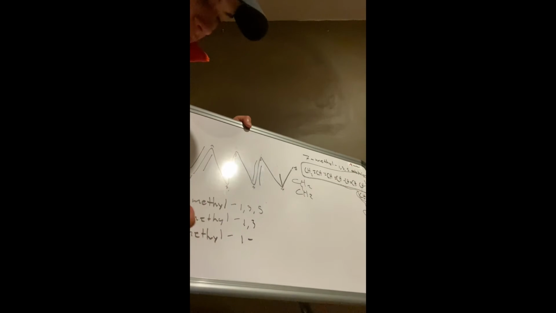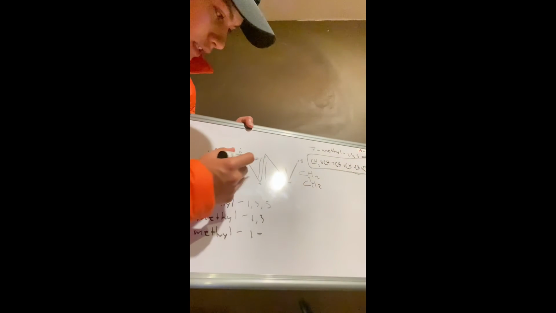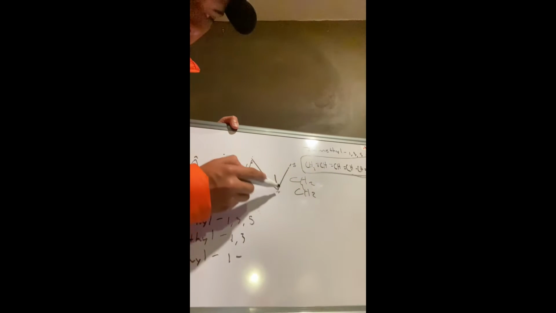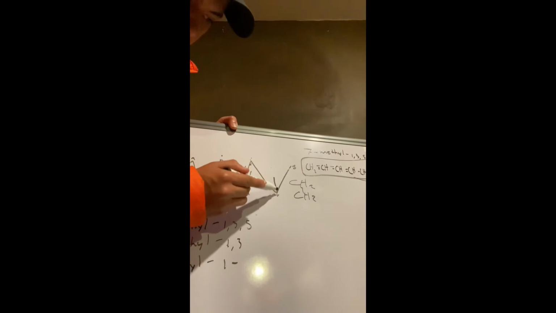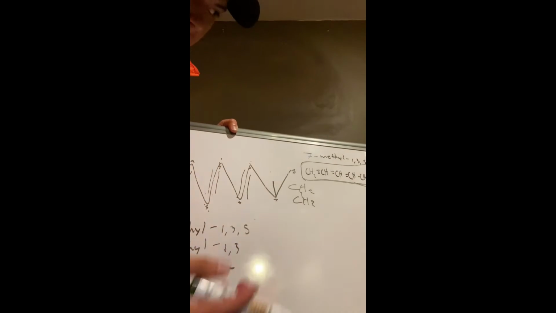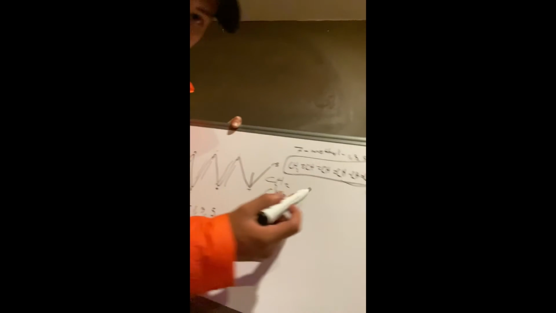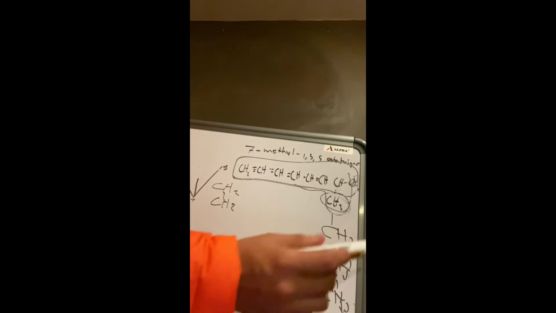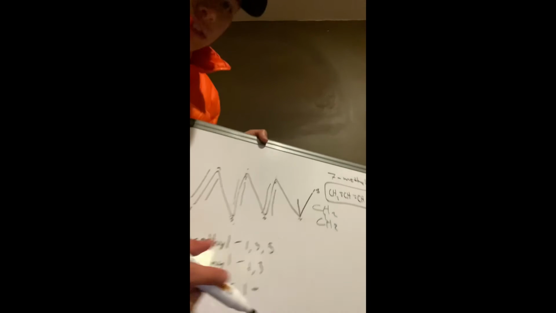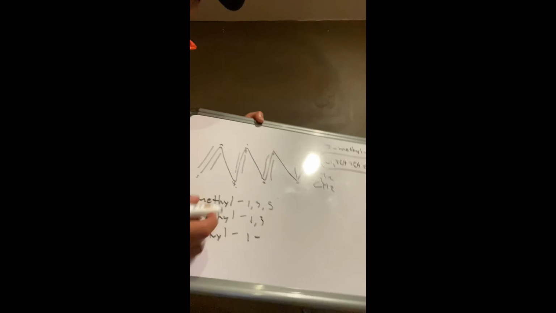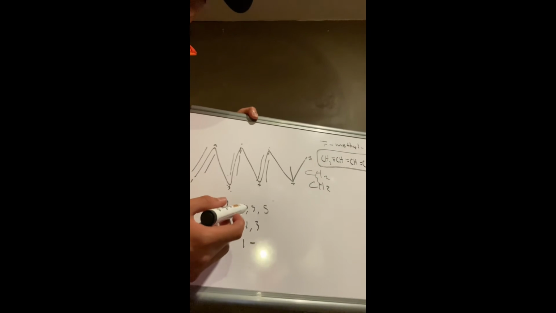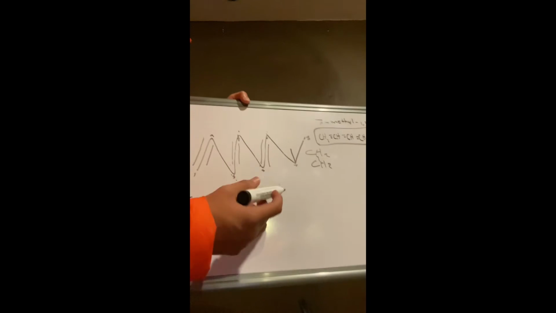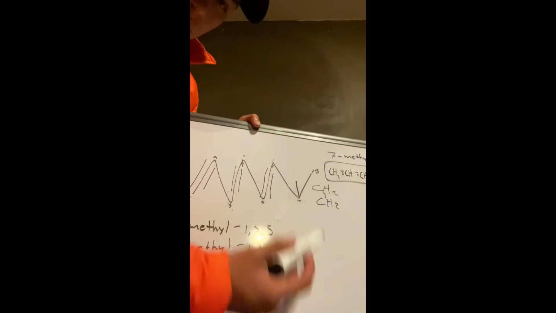In this one it will be 7-methyl because in carbon 7 we have a methyl, which is represented with a line in this system. In this one it will be the line and the CH3. In this one it is just the line. The 7-methyl, and the 1, 3, 5.